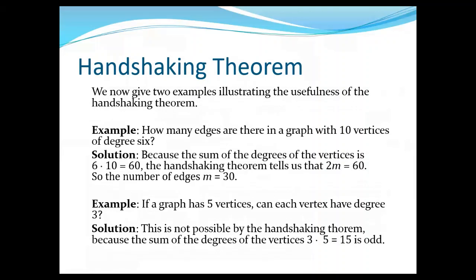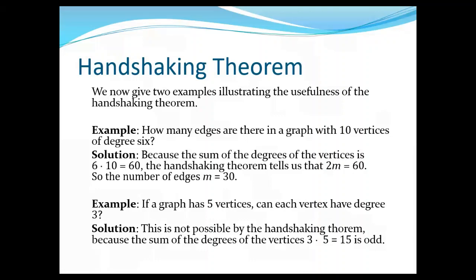So if we add them, we have 6 times 10, which is 60. Substituting into our theorem, 2m is equal to 60. Solving for m, we have 30. So we have 30 edges for this graph with 10 vertices, each of degree 6.